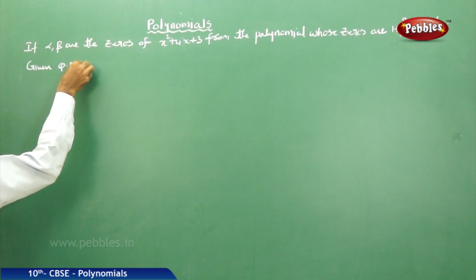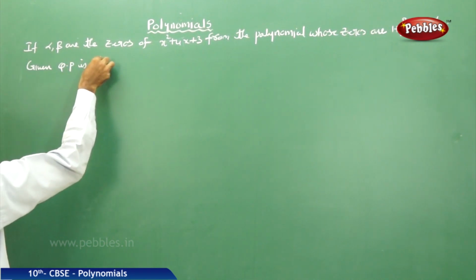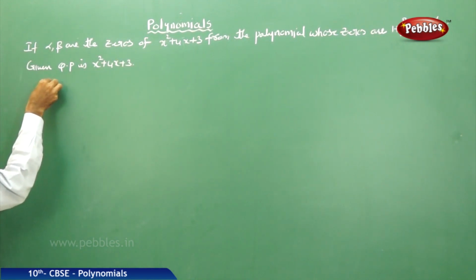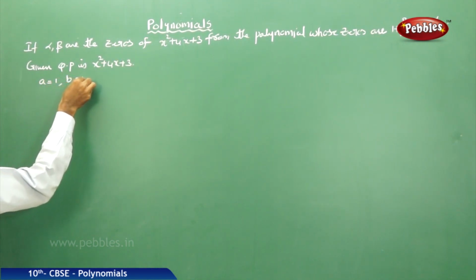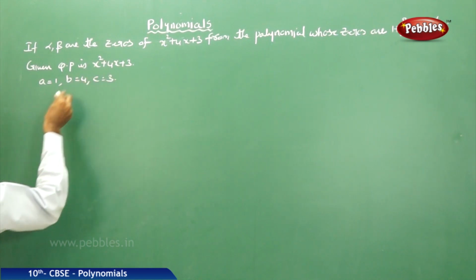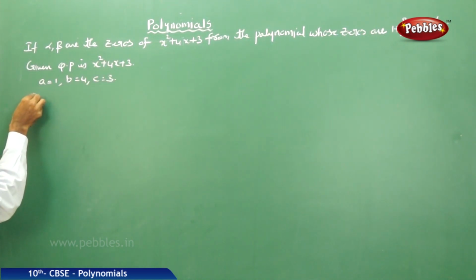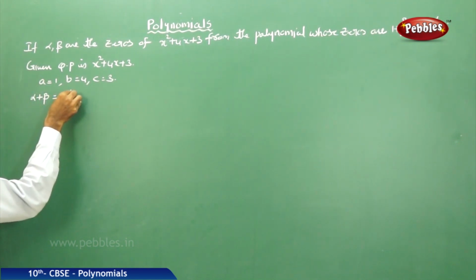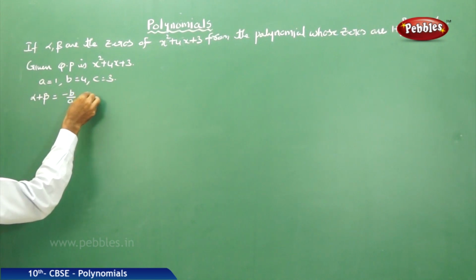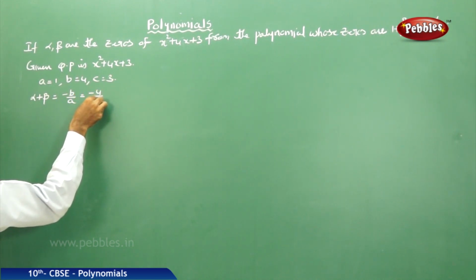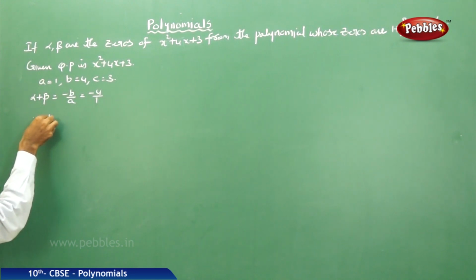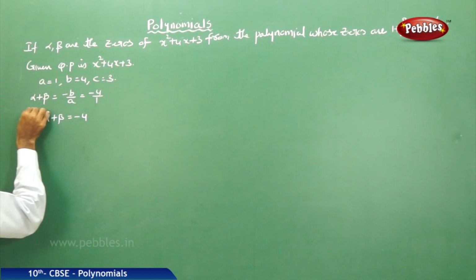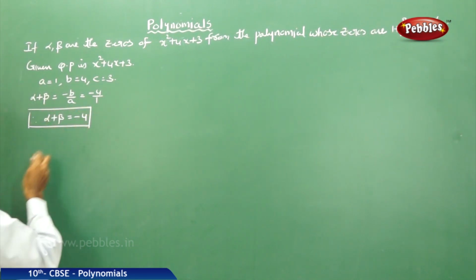The given quadratic polynomial is x square plus 4x plus 3: a value 1, b value 4, c value 3. Now alpha plus beta is the sum of the zeros, minus b by a, that is minus 4 by 1. Therefore, alpha plus beta is equal to minus 4.